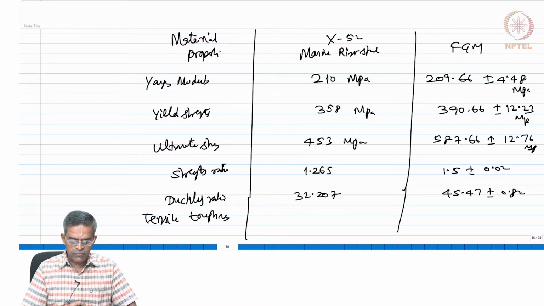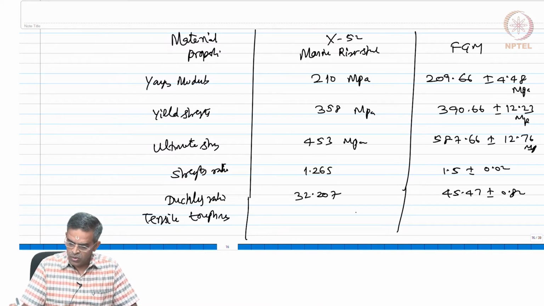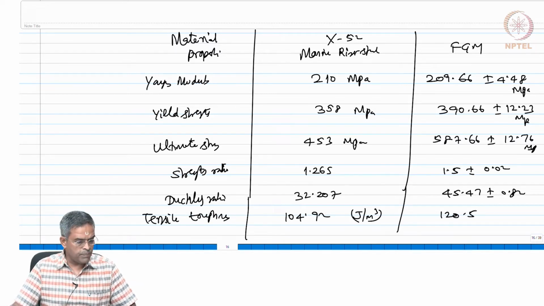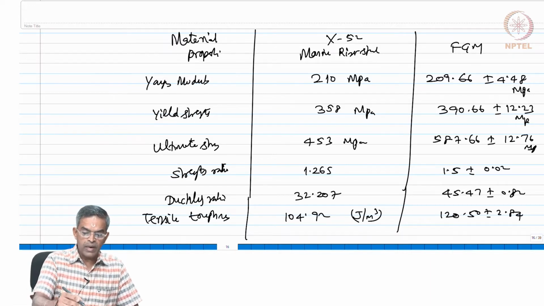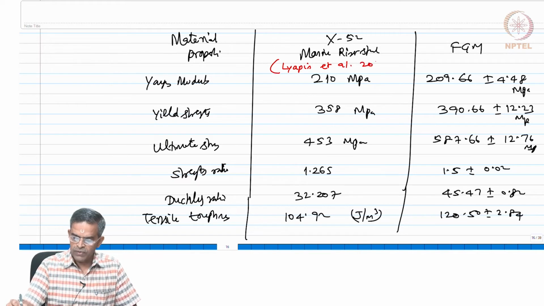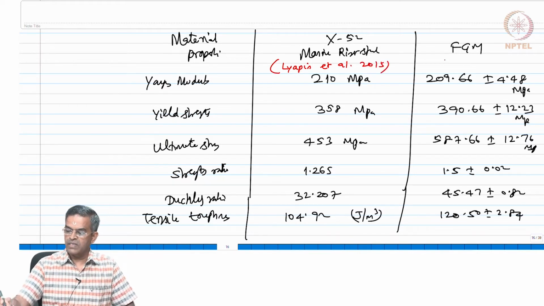The tensile toughness, which is expressed in joule per cubic meter, is 104.92 for X52, whereas in our case we got 120.5 plus or minus 2.84. The marine riser values have a very strong reference, which is taken from Liapin et al. 2015, and FGM is our own paper.